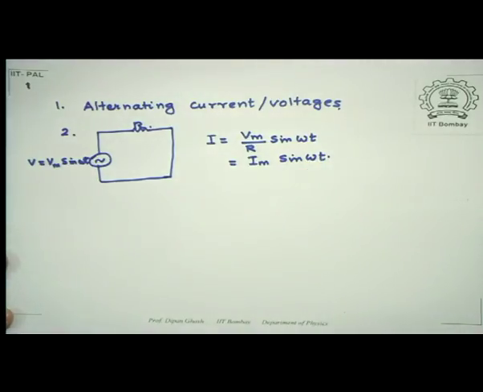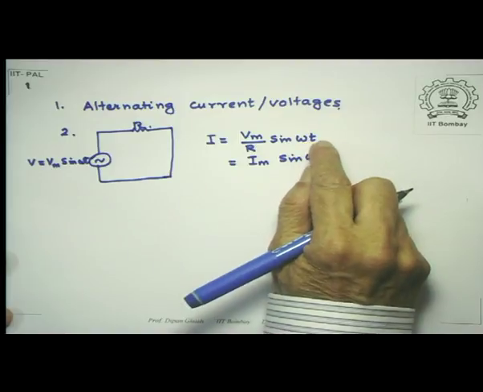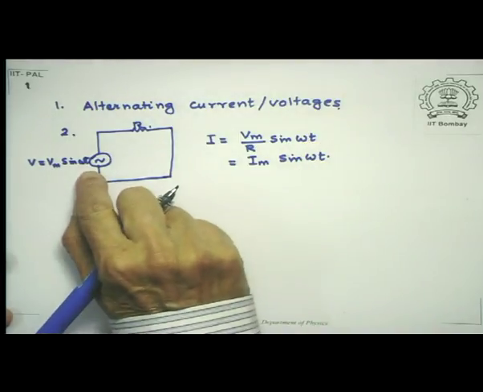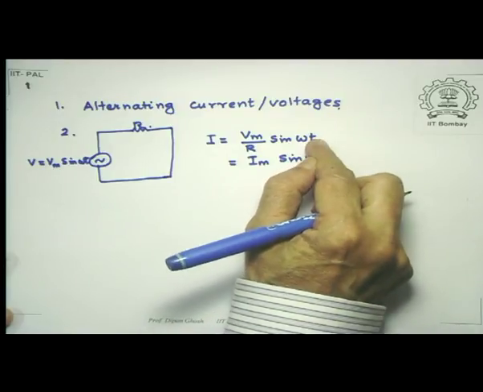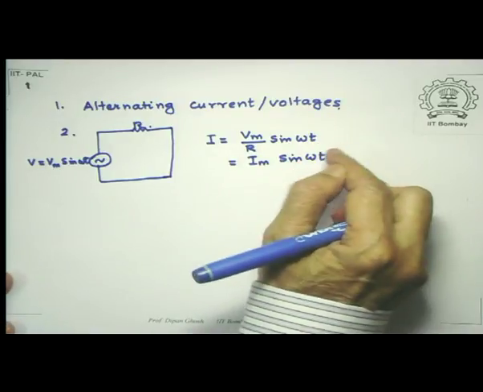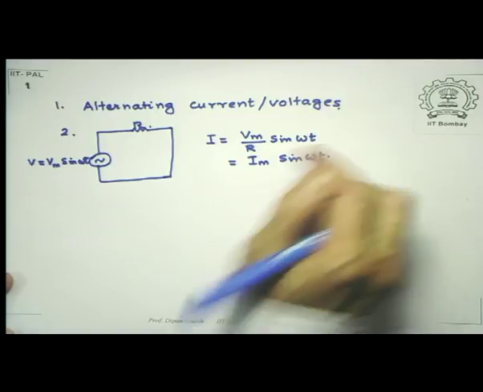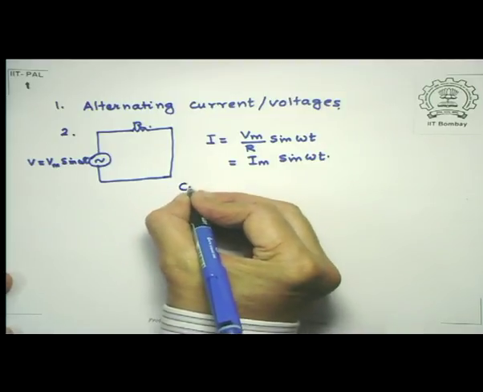You notice that the time variation of both the voltage and the current are the same. Both of them vary with time as sin omega t, and this means the current is in phase with the voltage.